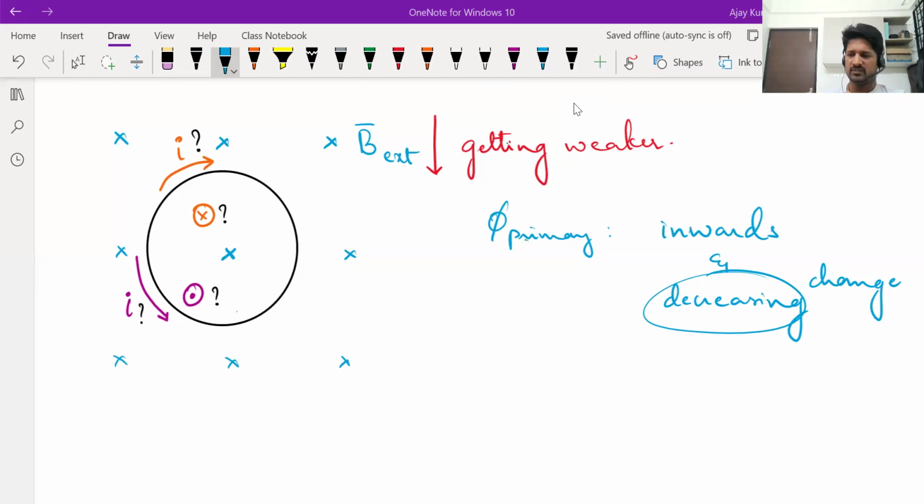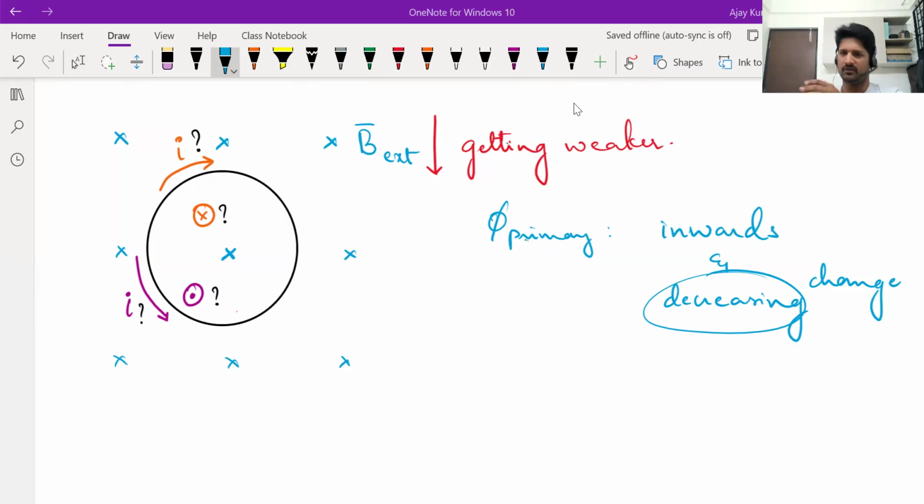We have to oppose this decreasing flux. So should we create additional flux in the same direction or should we create additional flux in the opposite direction? Okay, you all tell me, what does it mean by opposing a decrease? Opposing a decrease means increase.